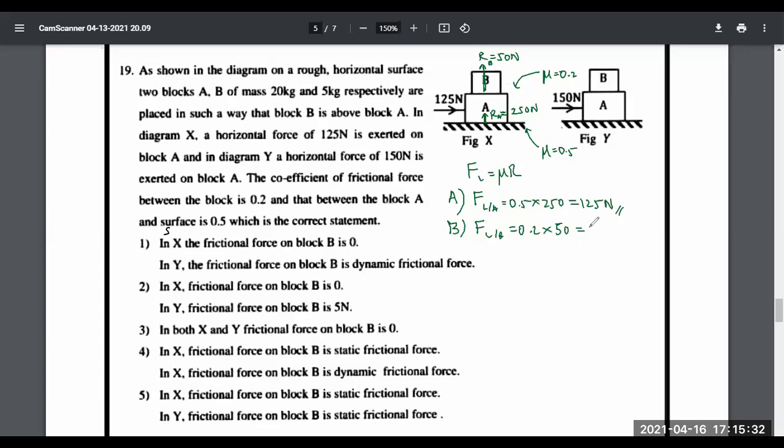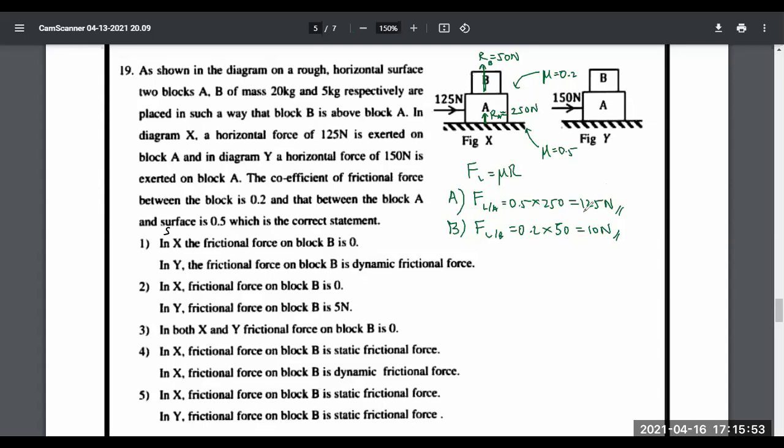What is the answer? 10 Newton, right? 10 Newton. All right, fine. Between the blocks is 0.2 and between the surface and A is 0.5.